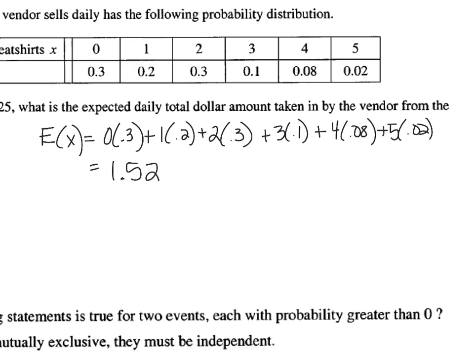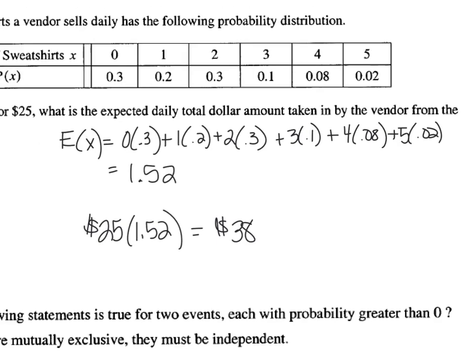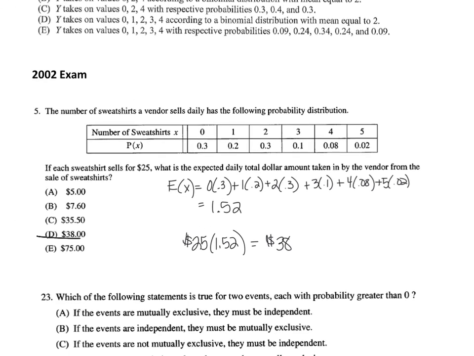So to find the expected daily total dollar amount taken in, we'll take the $25 per sweatshirt and multiply it by the expected number of shirts that we're going to sell. So his expected daily total dollar amount taken in from sweatshirts would be $38.